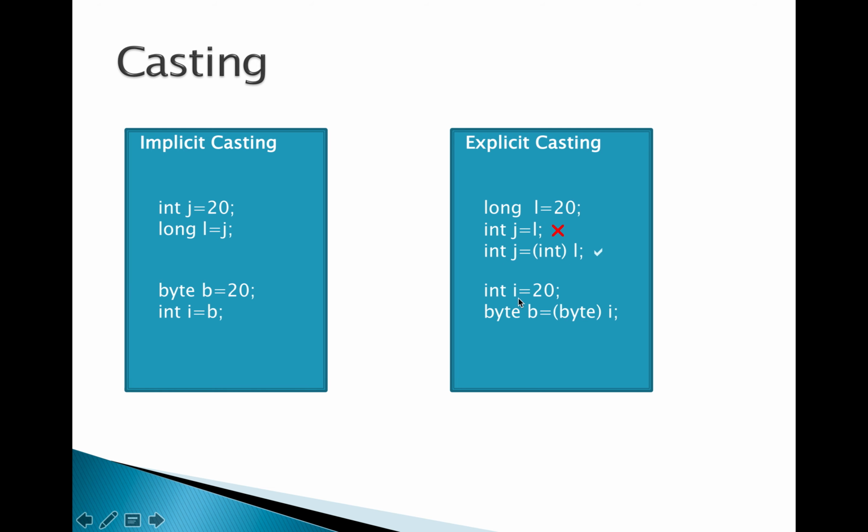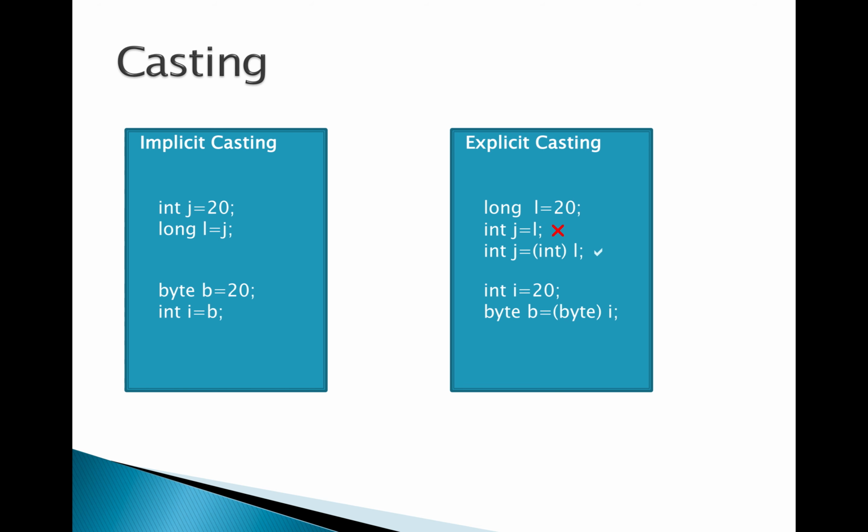The same case applies here as well. If you have an integer variable and you want to convert it into a byte, it will not automatically take place. You have to explicitly say that you want to convert this integer into a byte, because here I gave an example of 20, but the integer may have a bigger number. Let's say it is 1000, but you cannot fit that 1000 into a byte.